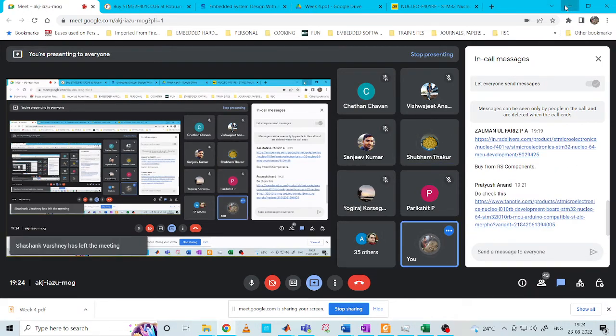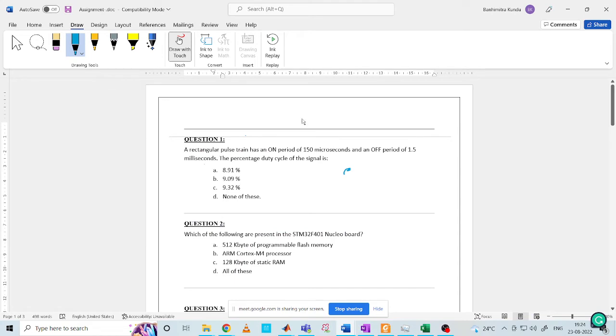So first question. Duty cycle is, for example, if you have a pulse like this, this is your on time and this is your off time, and this is your total time. Total time is on time plus off time. So duty cycle is on time divided by total time into 100, or on time by on time plus off time into 100.